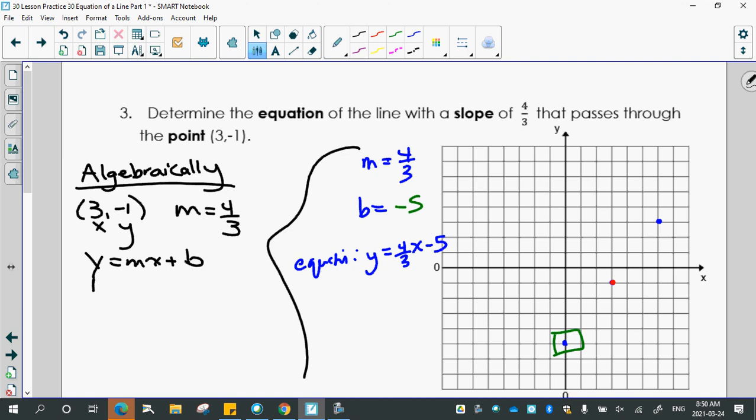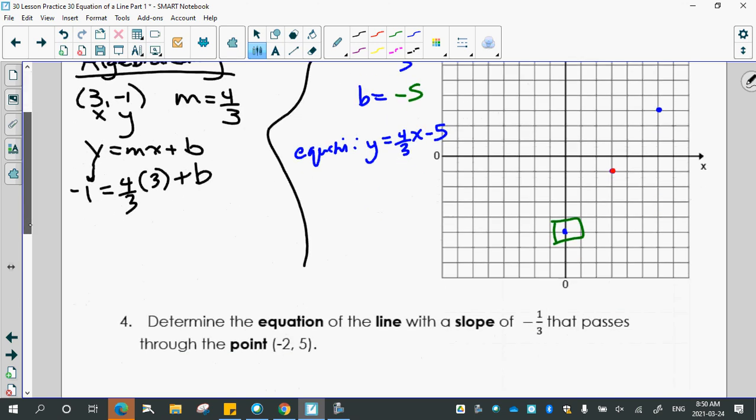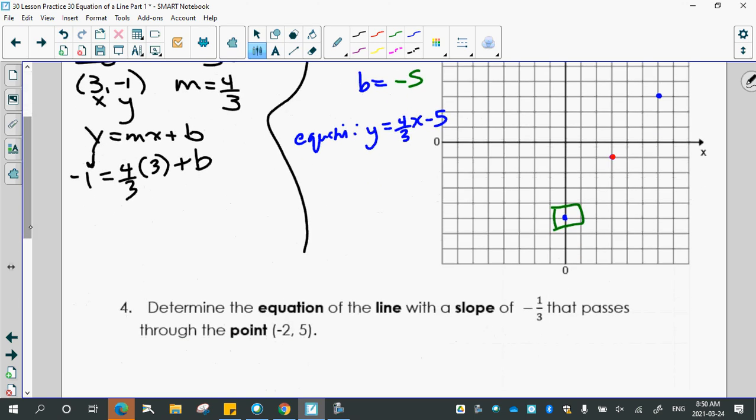So we can replace y with -1, m with 4/3, x with 3, and there's our only unknown, b. Multiplying fractions, that's the easiest operation.